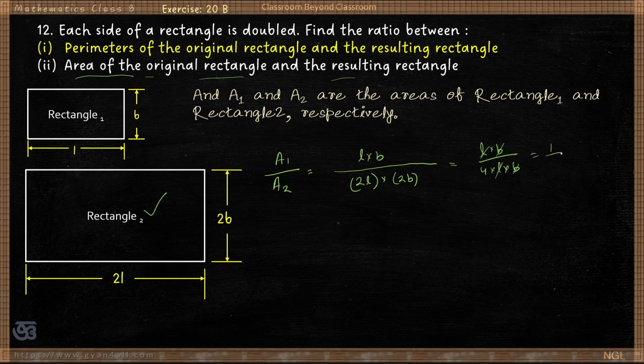This is equal to 1 divided by 4. Therefore, A1 is to A2 is equal to 1 is to 4. The ratio between the area of the original rectangle, that means rectangle 1, and rectangle 2, is 1 is to 4.